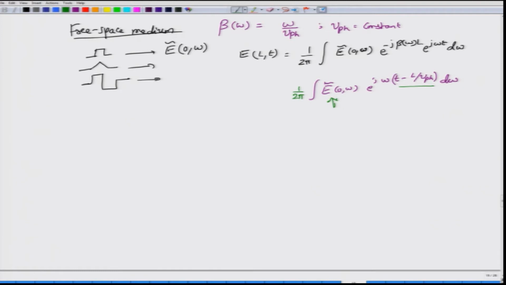Okay. And because L by VPH is a constant, this t minus L by VPH is just some tau, and the variable of integration is omega, but the inverse Fourier transform is now being evaluated at t minus L by VPH instead of t. Okay. So, this is actually E of 0 comma t minus L by VPH.